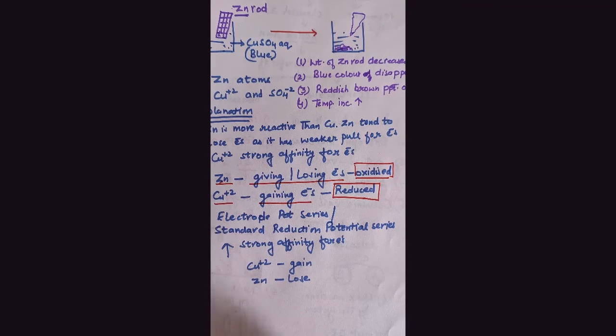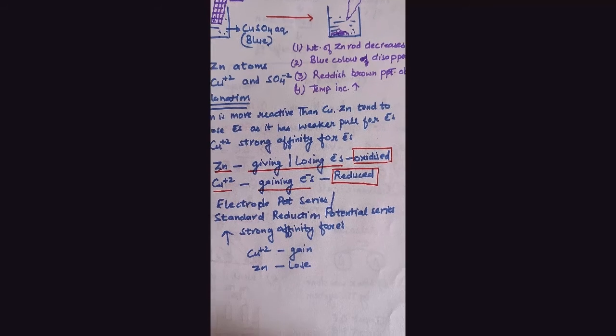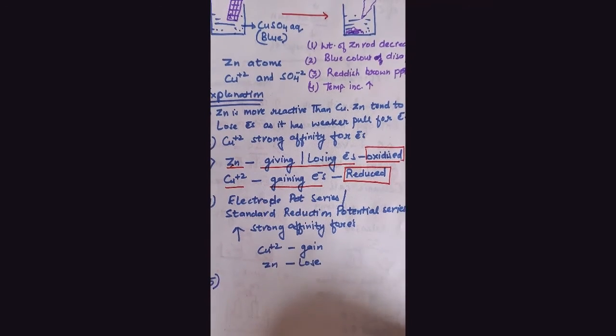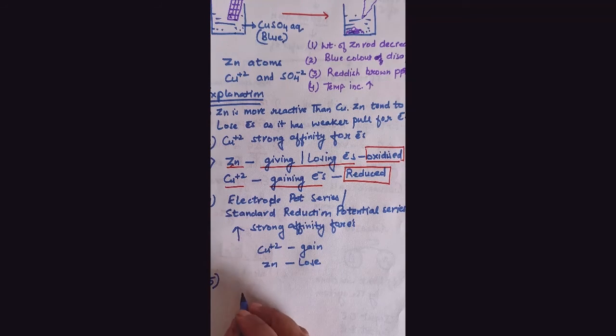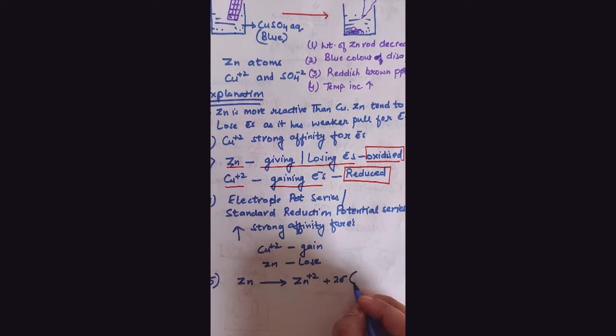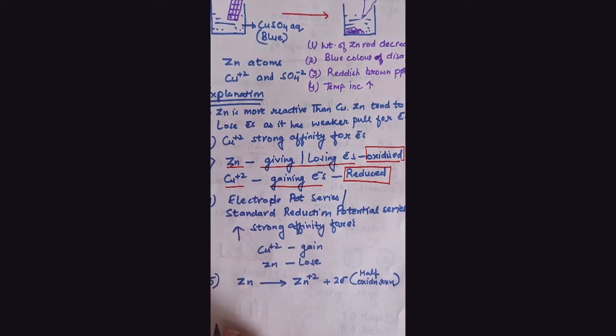Now how do we represent the oxidation reaction and the reduction reaction? First is the oxidation half reaction. Zinc forms zinc plus 2 ions, giving 2 electrons, and this is the oxidation half reaction.